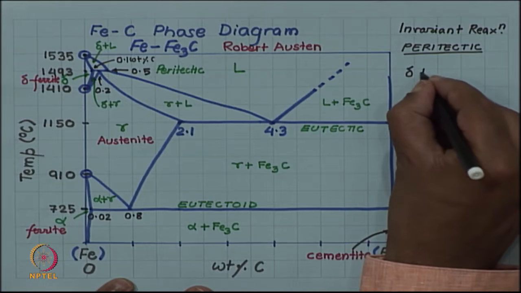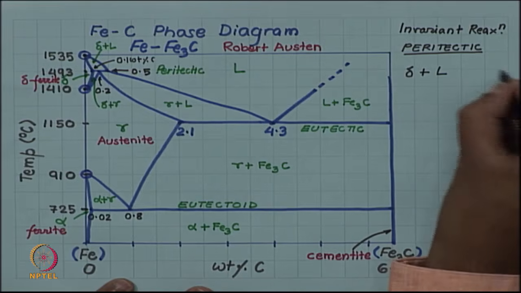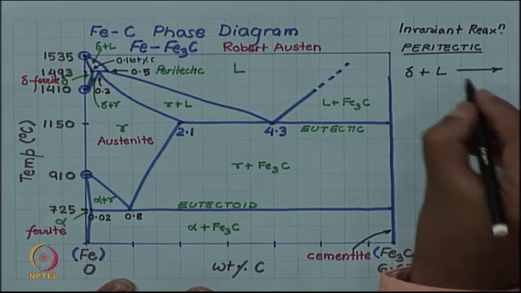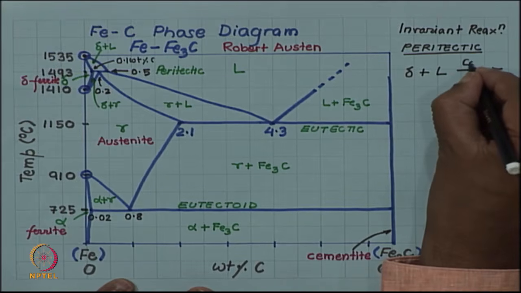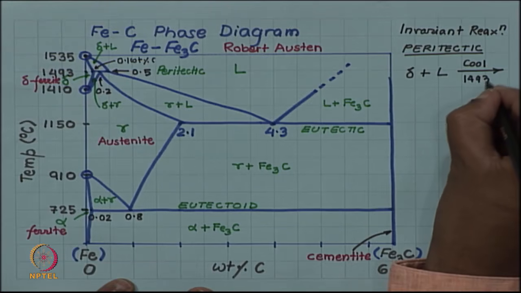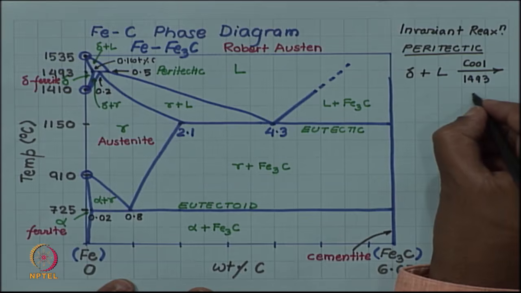So, you have delta plus liquid which, on cooling at a temperature of 1493, transforms into a single phase gamma.